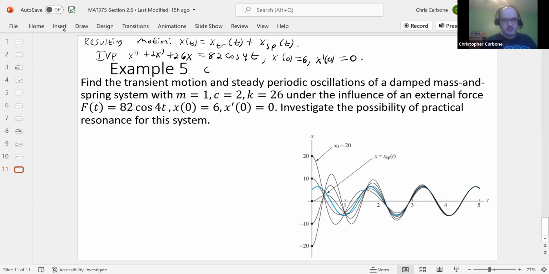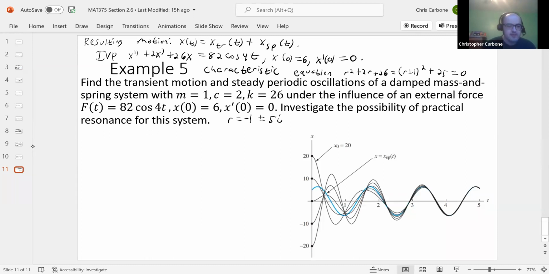So from this, we have a characteristic equation: r squared plus 2r plus 26. And well, this factors slightly to be r plus 1 squared plus 25 is equal to 0. So from this, we have our roots to be negative 1 plus and minus 5i.